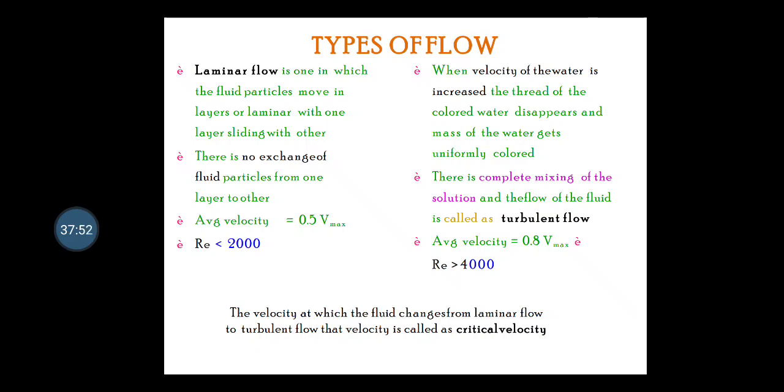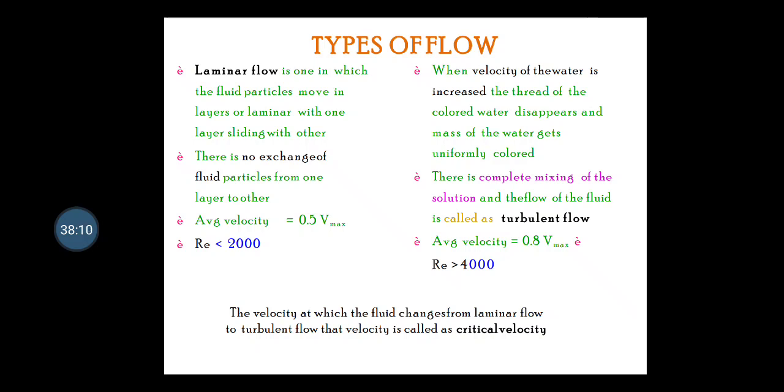Second point, there is no exchange of fluid particles from one layer to another in case of laminar flow. In case of turbulent flow, there is complete mixing of the solution, and the flow of the fluid is called turbulent flow.